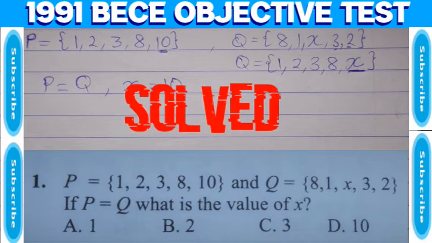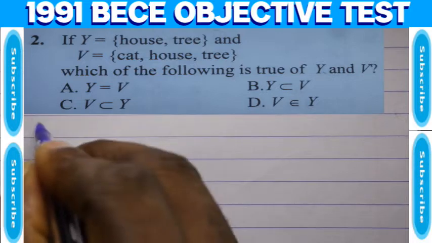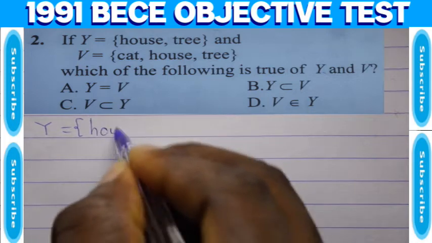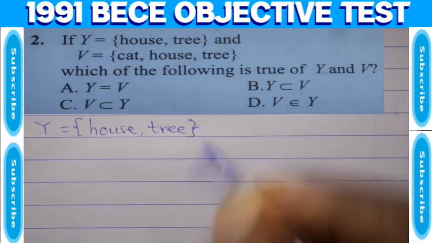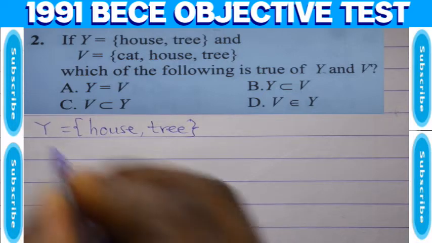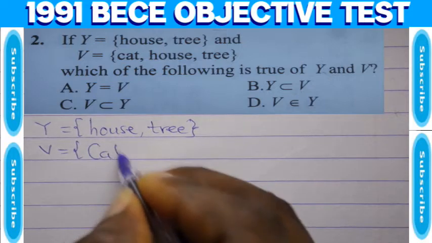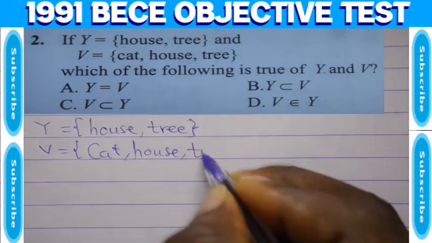It's the same question on sets. So set Y is equal to house, tree, and set V is equal to cat, house, and then tree. Let's write them down. Set Y is equal to a house and a tree, and then we have set V, which is equal to cat, house, and a tree.